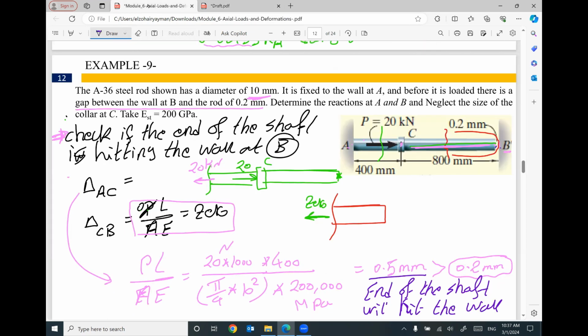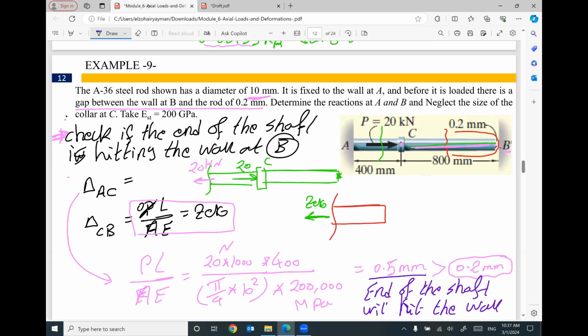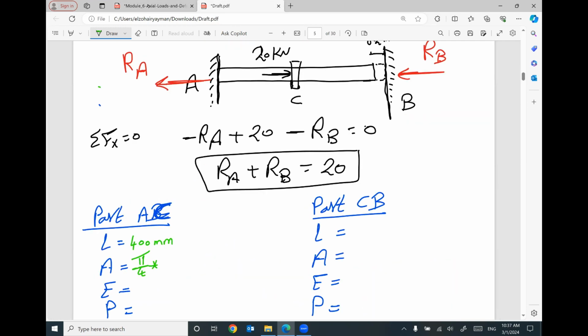For part AC, the length equals 400 millimeter. The area equals pi divided by 4 times the diameter of this shaft, 10 millimeter, which is constant for the two parts. So the area will be pi divided by 4 times 10 squared, equal to 78.53 millimeter square.